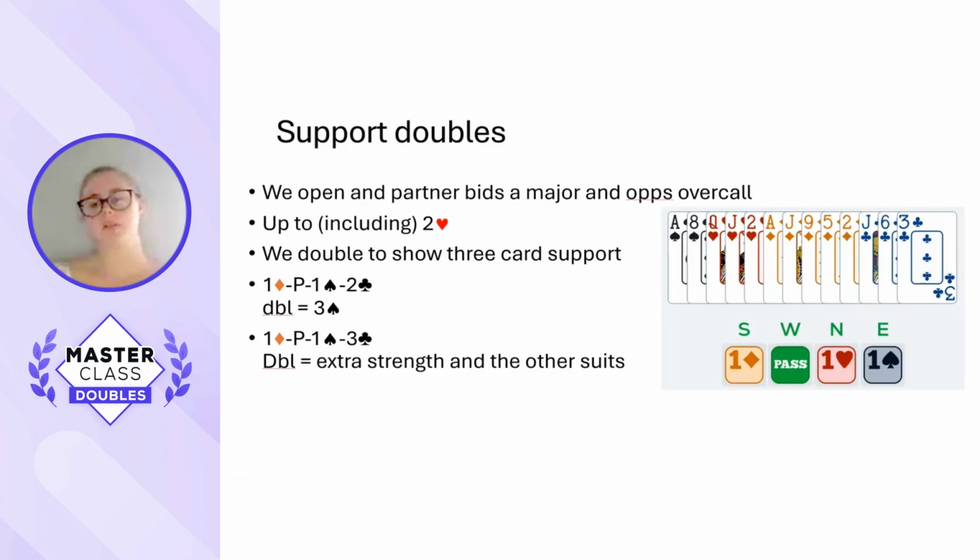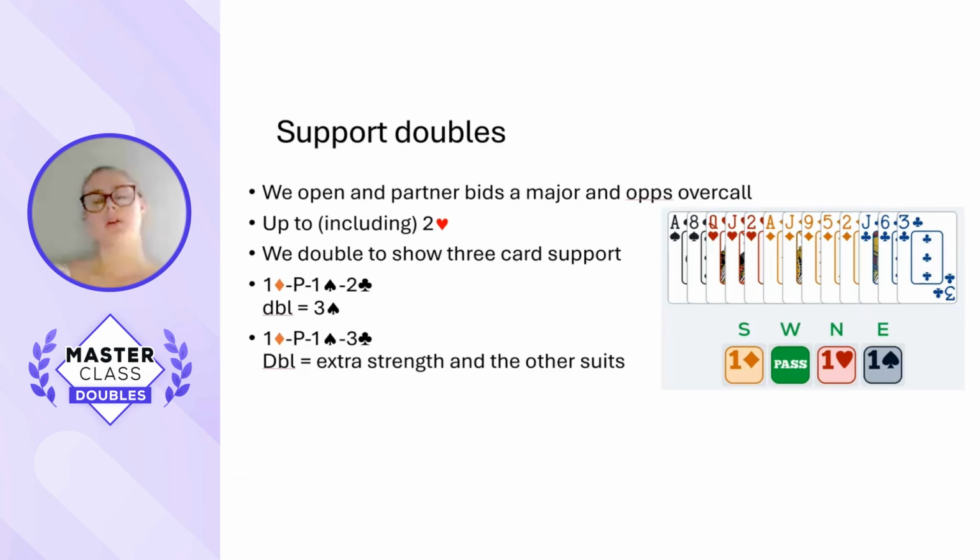So let's look at this example. We open a diamond, West passes, partner bids a heart, and East bids a spade. Here we have 3 hearts, and we have 13 high card points, but that doesn't really matter. As long as we have opened, we have to double to show the 3-card support, as long as it's not too high.